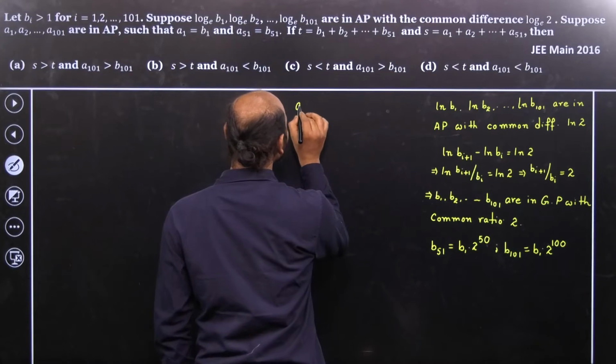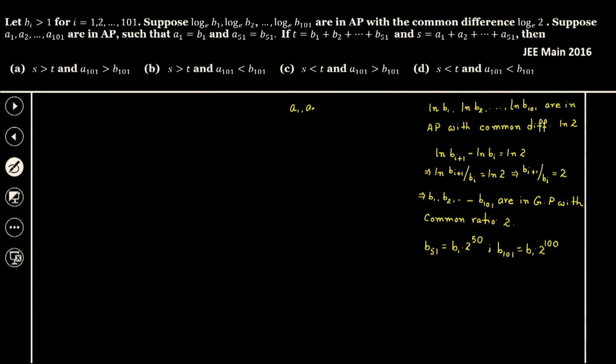So A1, A2, and so on up to A101 are in AP. Let us assume that the common difference is D, without loss of generality.